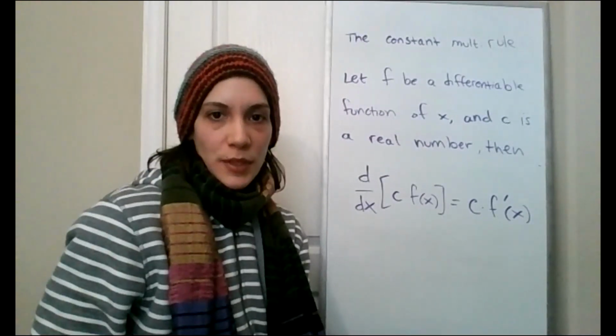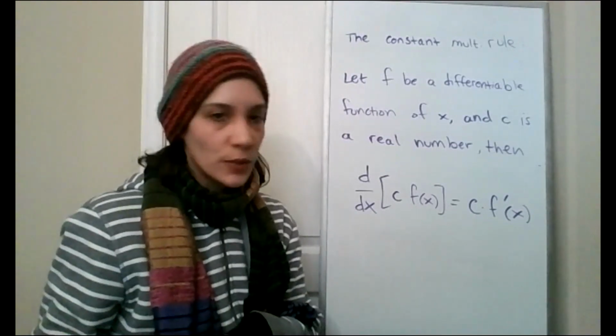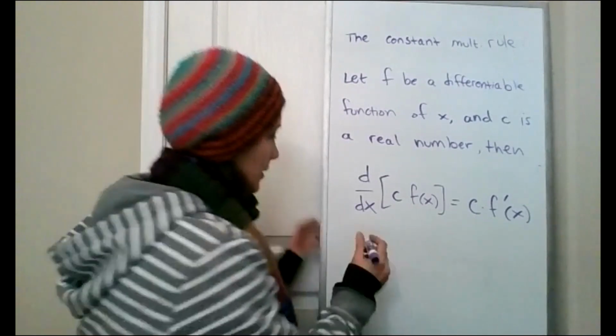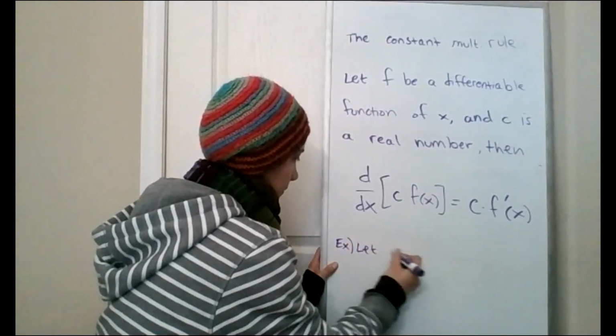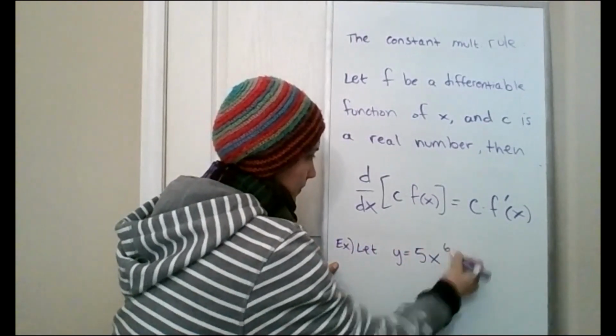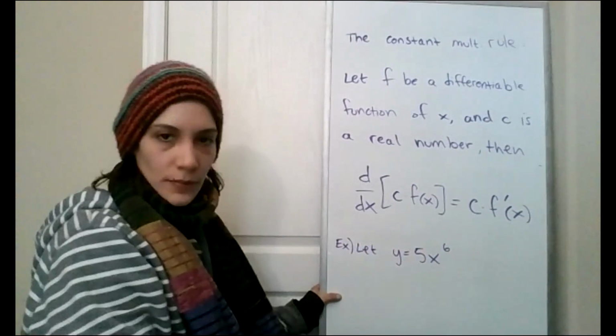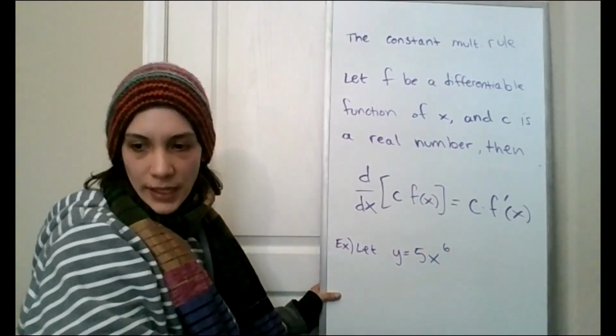Let's do some examples. So I let y equal 5x to the sixth. We will take the derivative of y with respect to x.